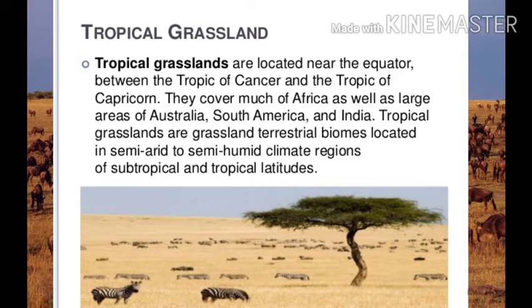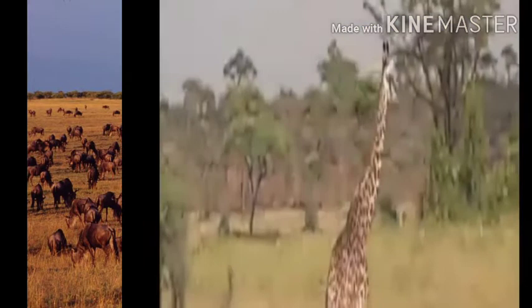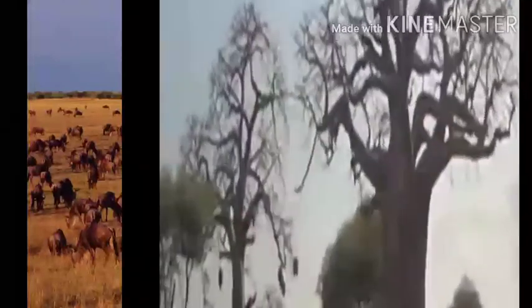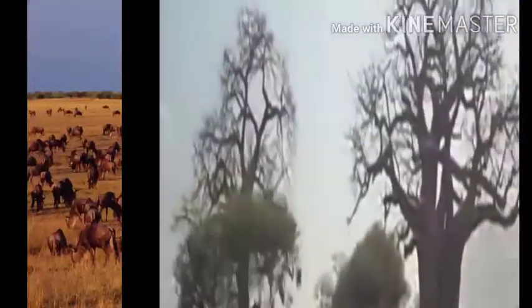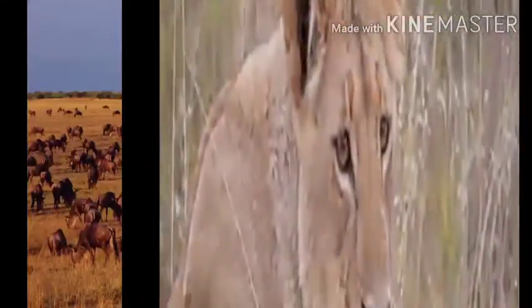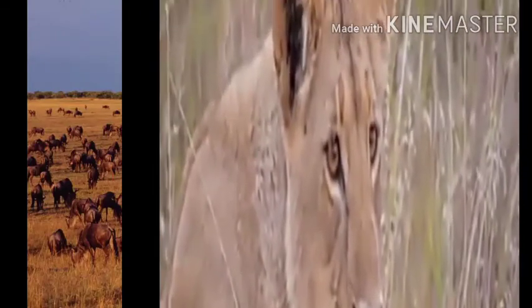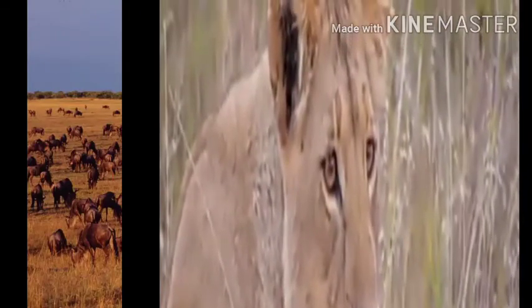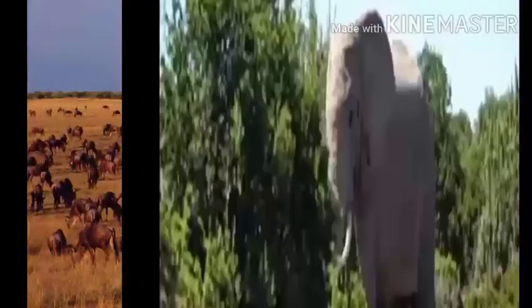In America it is known as the parkland, and it is known as savanna in Africa, as I told you, the world's most popular grassland. So students, these grasslands lie on either side of the rainforest in Africa, the Brazil plateau or South America.